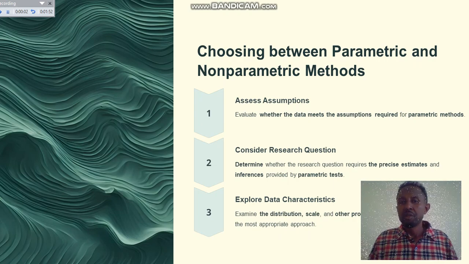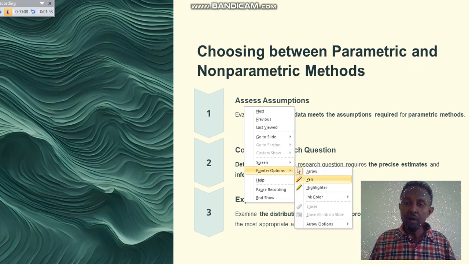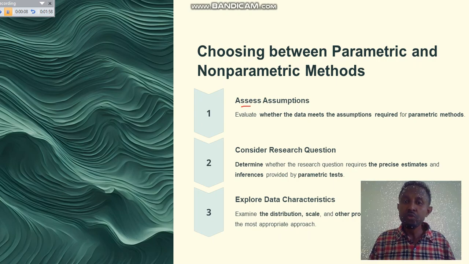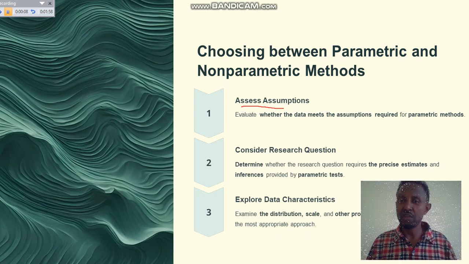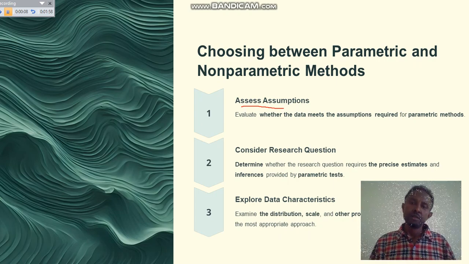Choosing between parametric and non-parametric methods relies on three points. The first one is we have to know what sort of assumption is found regarding the data distribution. For example, if the data distribution is normal, we use parametric. The second is to consider the research questions.